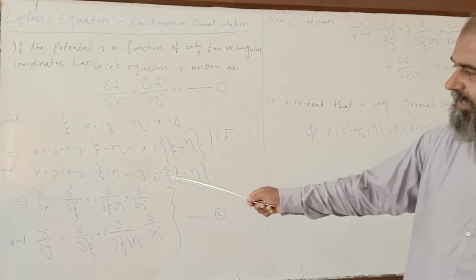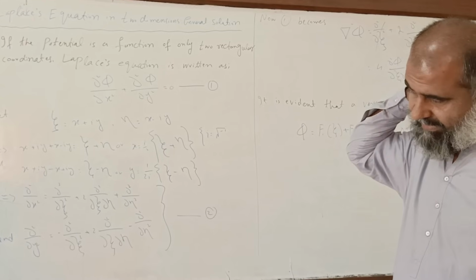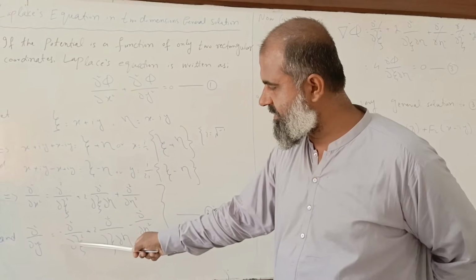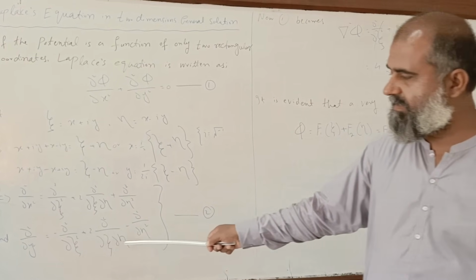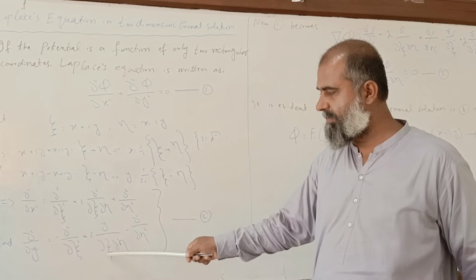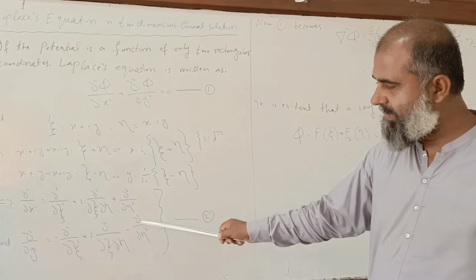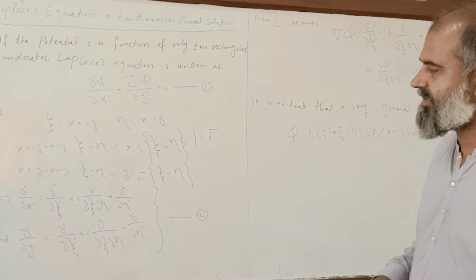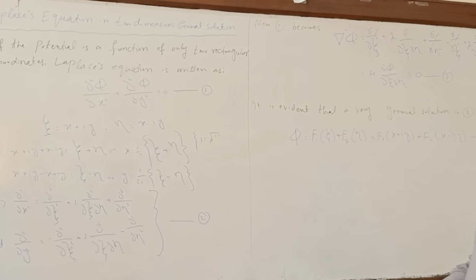And then the derivative of the second term, partial square by partial y square, is equal to minus partial square over partial zeta square plus 2 into partial square by partial zeta partial eta minus partial square over partial eta square. This will be our equation number 2.